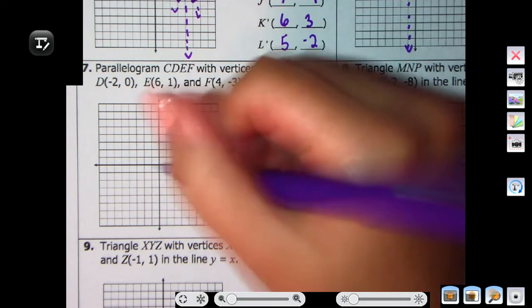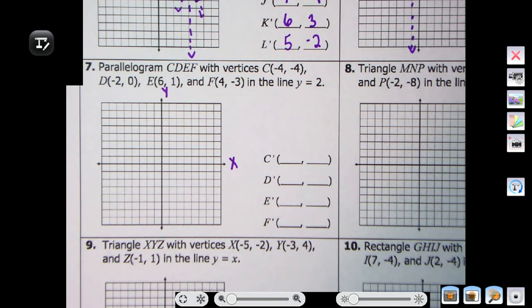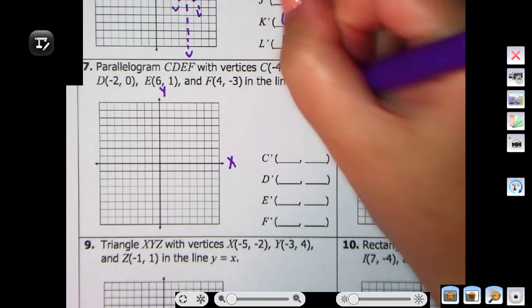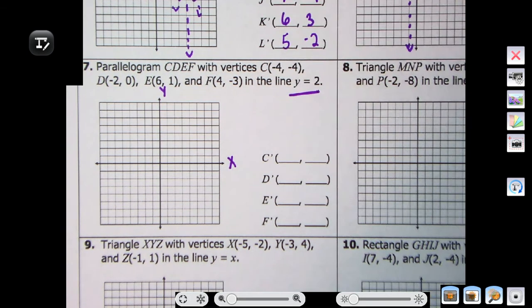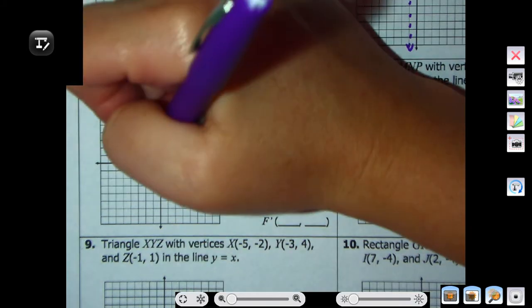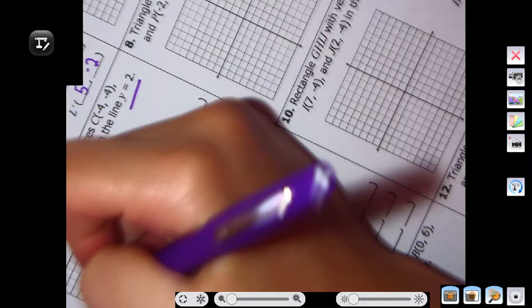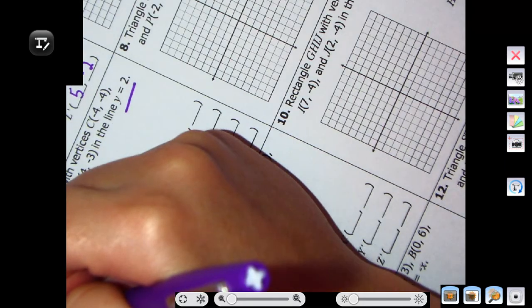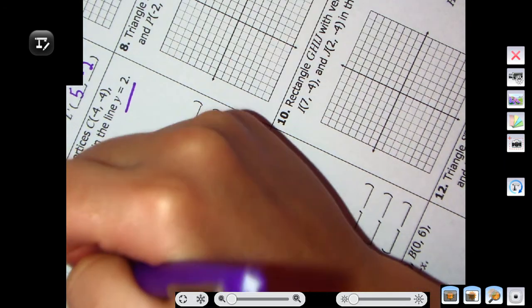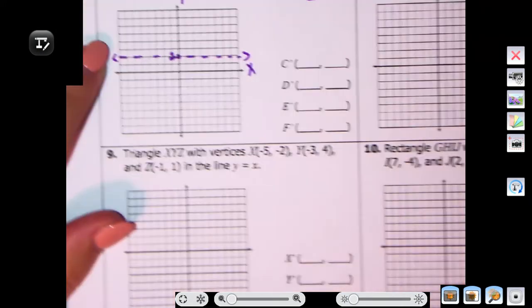So this is my x-axis, this is my y-axis. I'm going to go onto my y-axis because it's a y right here. That's how I know. And I'm going to go to 2, which is right there. And I'm going to draw a horizontal line through 2. So basically, we're reflecting it over this line right here.